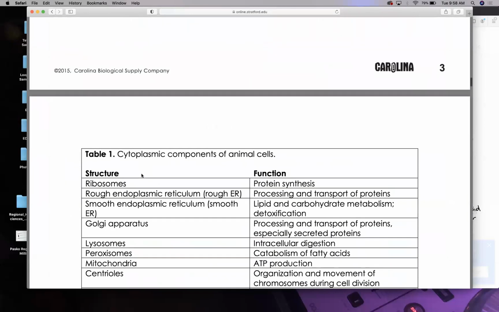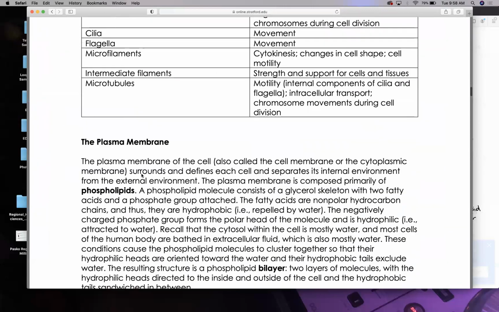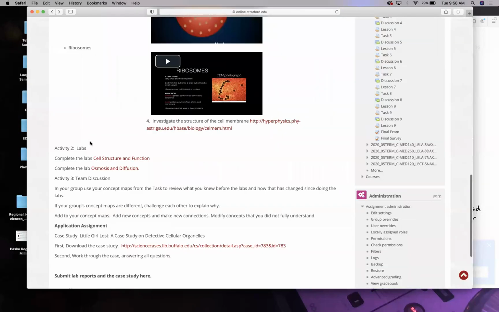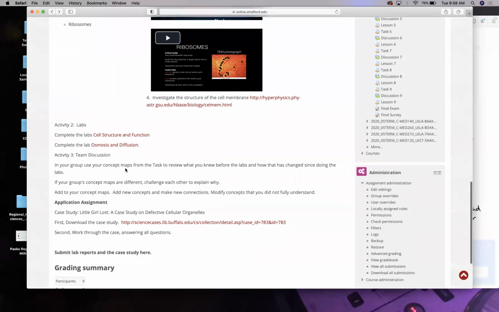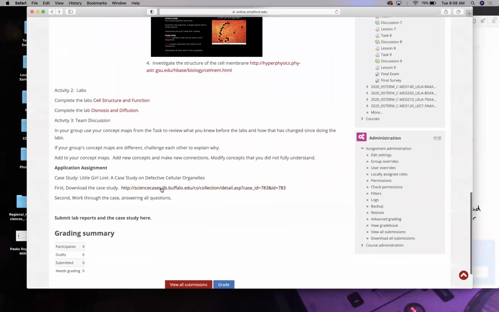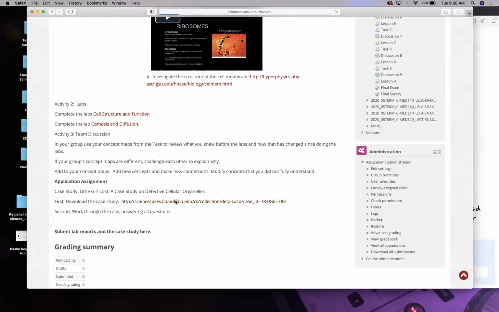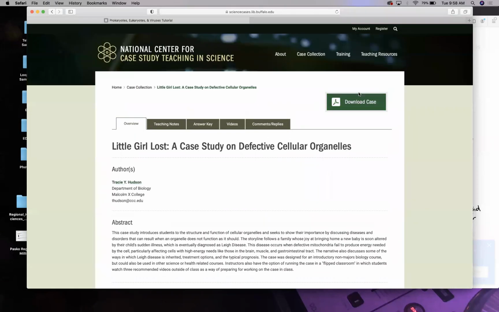Don't do the lab, of course. But again, more repeated notes right here. So you have 3 sets of the same notes in 2 different locations. Now, what's due? You click on down here at the bottom of lesson 3. That's the location of your application assignment. You click on that, click on download the case.